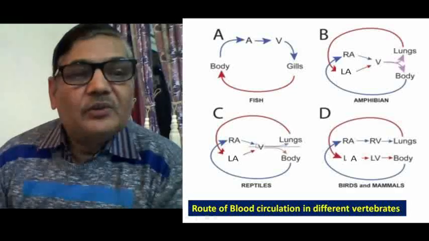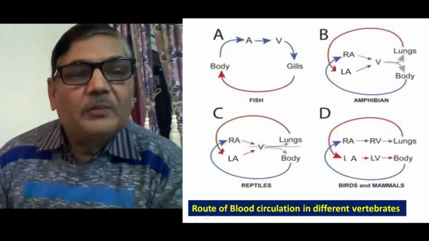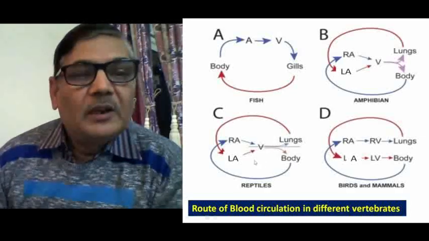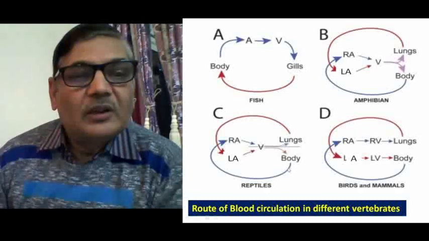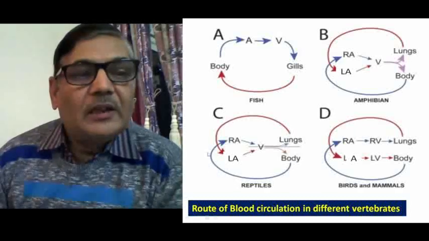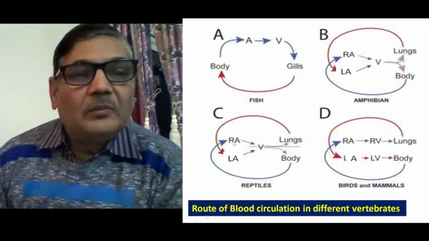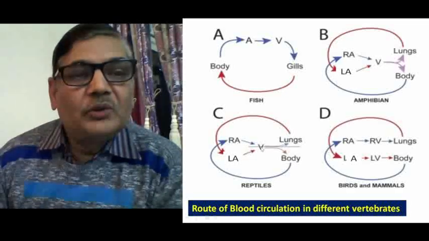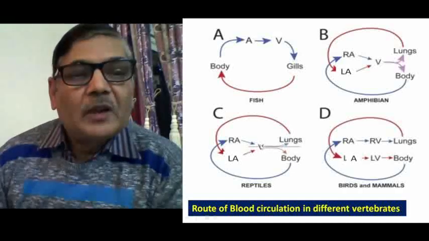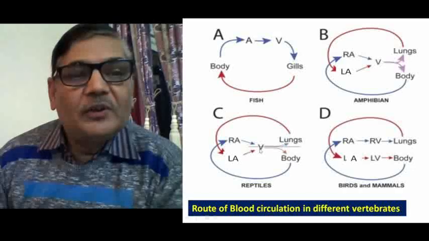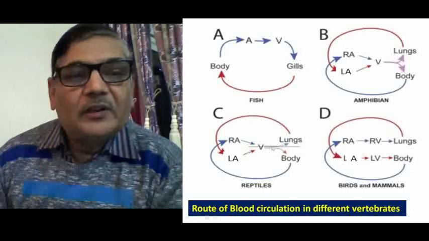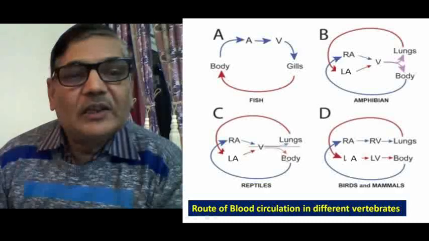So there is actually some separation of blood in the ventricle region, and here also the impure blood is collected from different parts of the body and is supplied to the right auricle. Pure blood comes to the left auricle. Now this blood will be pumped to the ventricle. So the ventricle receives blood from both auricles, and there will be some mixing of blood in the ventricle, and then blood further gets supplied to the lungs and the body.